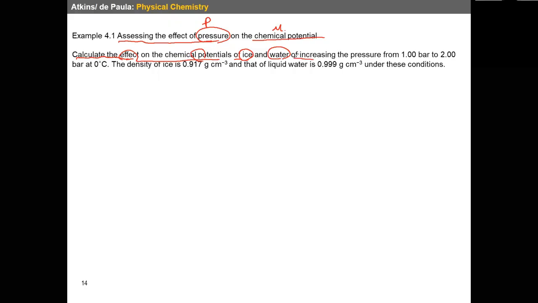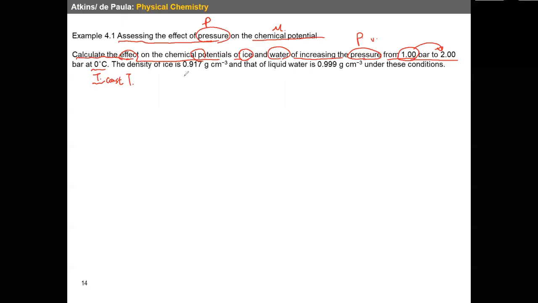The condition is increasing pressure, from 1 bar to 2 bar, at a temperature of 0 degrees C. What does this mean? It is at constant temperature.